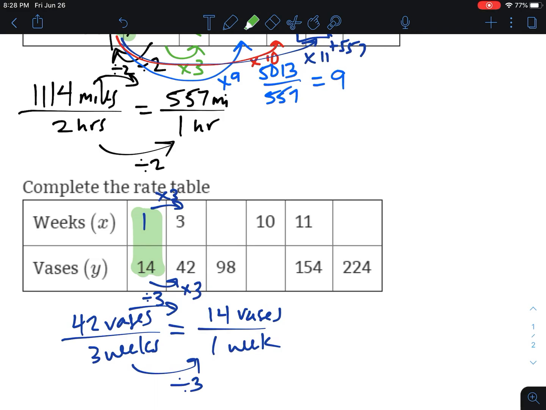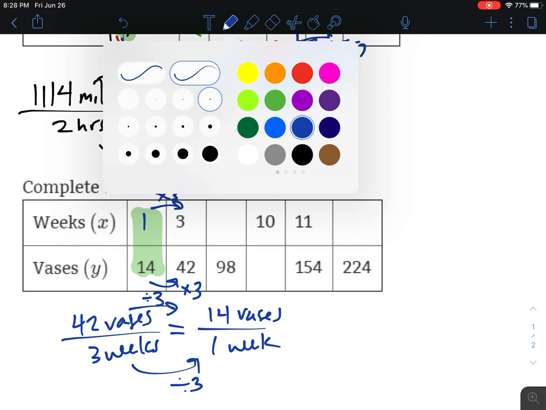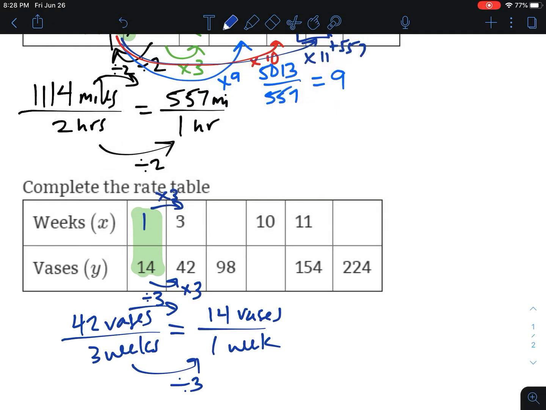So for the next one, for 98, let's find a scale factor here. It doesn't really matter which one you use. I'm going to just pick the harder one just to show you what happens if you use a harder number instead of the unit rate. Let's try and go from 42 to 98 here. So 98 divided by 42 to find our scale factor. We're going to get a decimal. That's okay. 2.3 repeating.